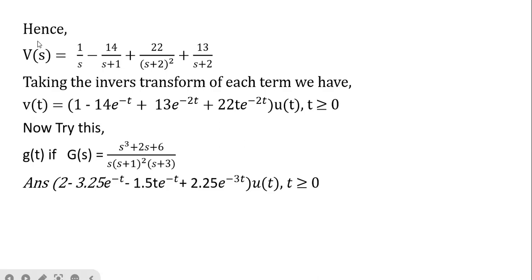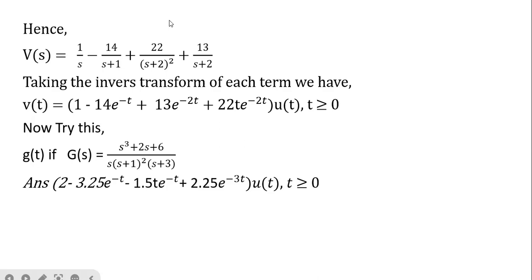So this will become 14, then exponential minus t. Of course, remember in the first case, this will be 14 times 1 all over s plus 1. 1 over s plus 1 in time domain is exponential minus t. So with the 14, it's 14 times exponential minus t.